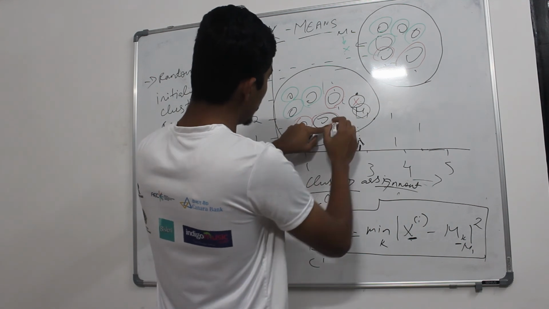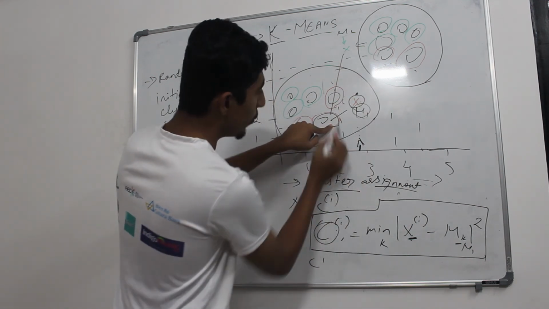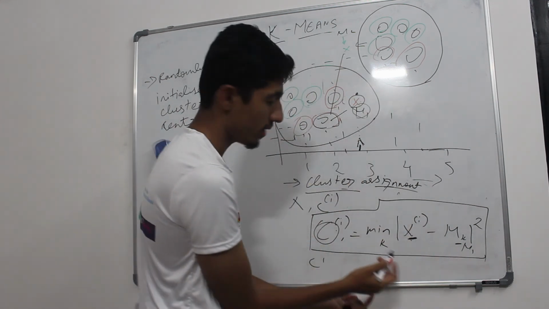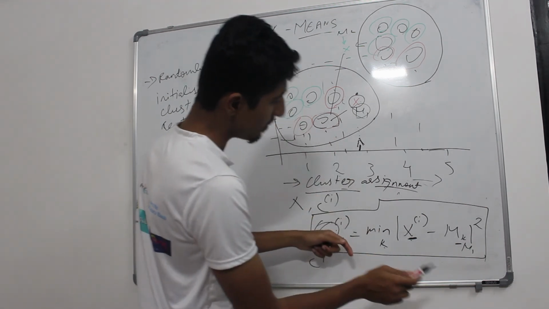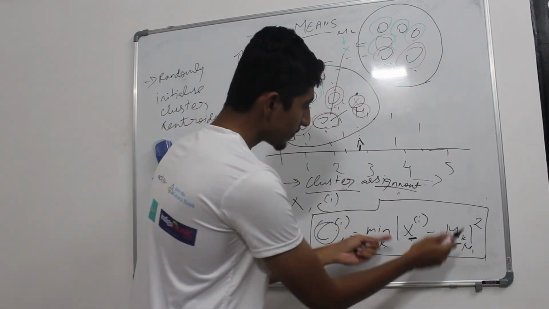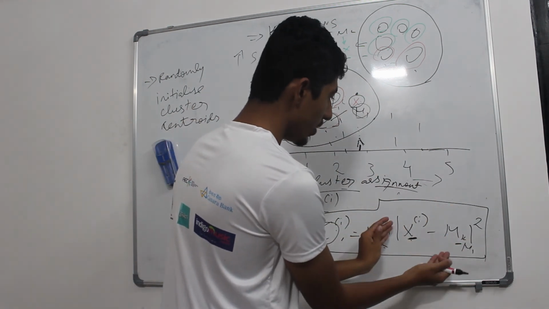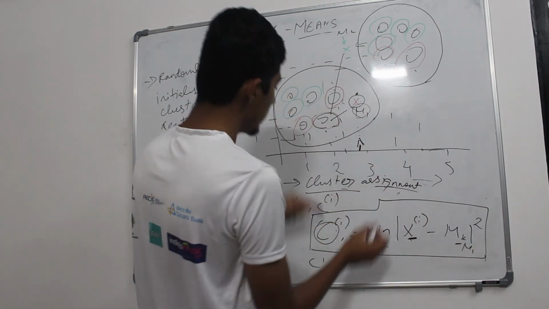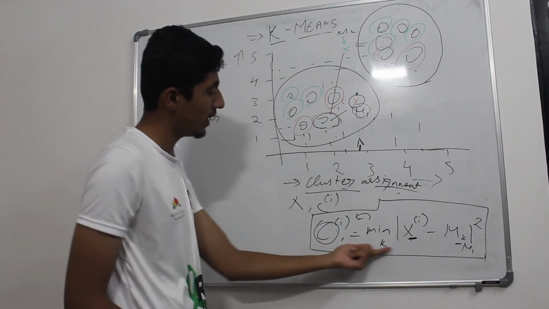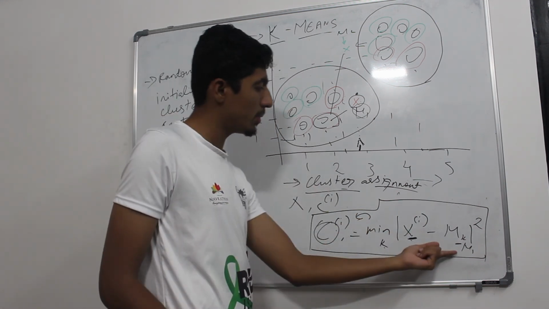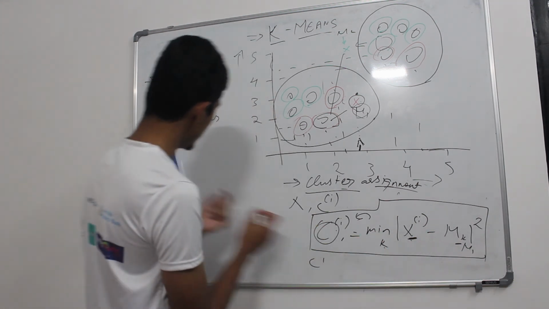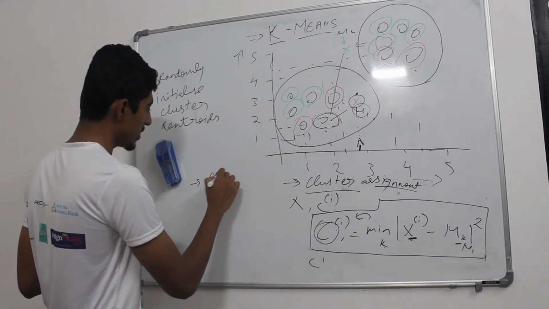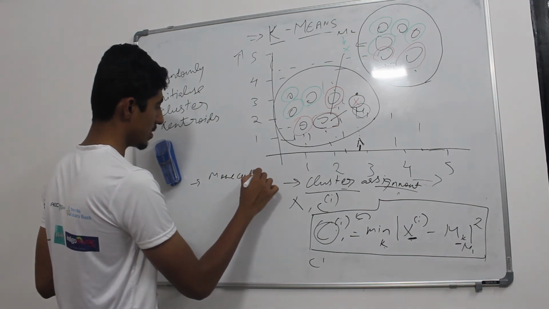The distance between this and this gives you the minimum value, as I'm minimizing the function with respect to k, meaning with respect to each centroid, which returns the least value when it's squared. That is the cluster to which the data points are assigned. So this is the main math behind the cluster assignment step.